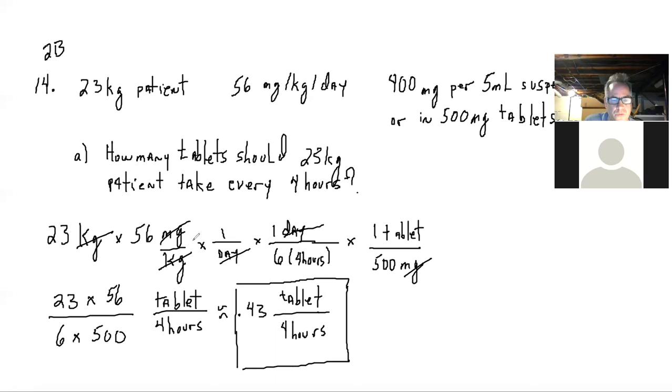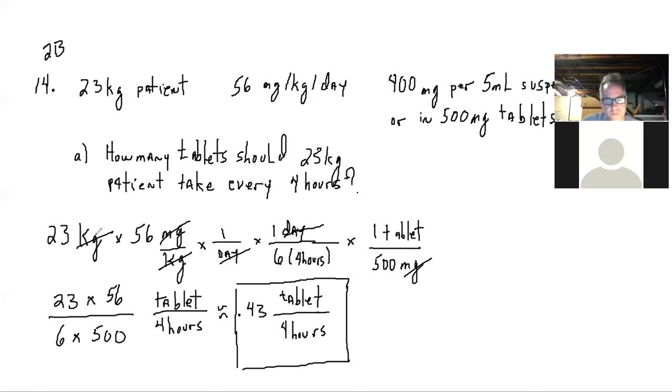putting in our known values, starting with the patient's mass, then times dosage rate, the formula you use, then times the desired amount of time, which was every 4 hours, and then the tablet dosage here.